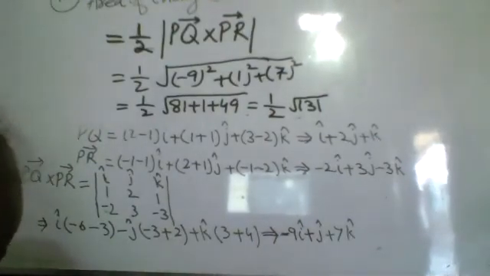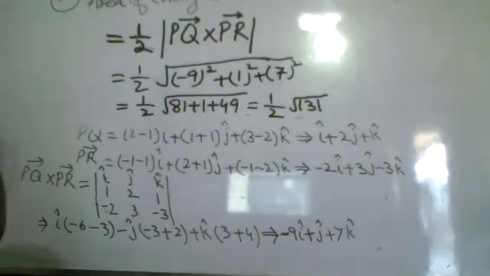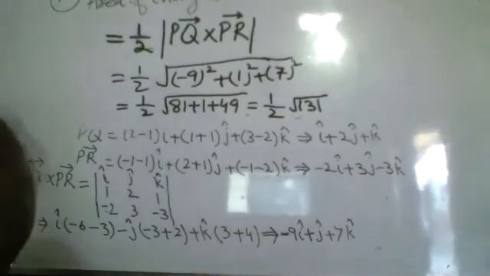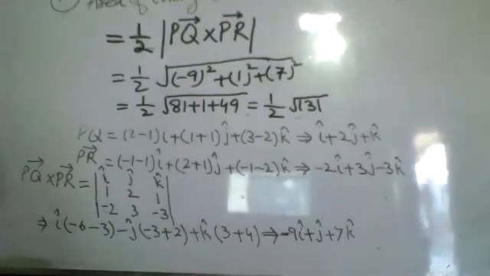This was the A part, find the area of the triangle determined by the points PQR. Now the B part, find the unit vector perpendicular to the plane PQR.